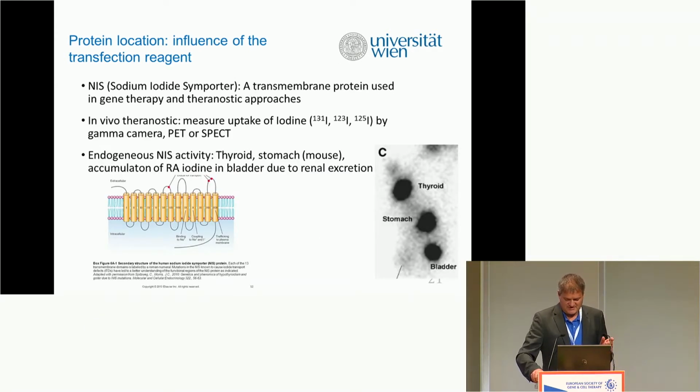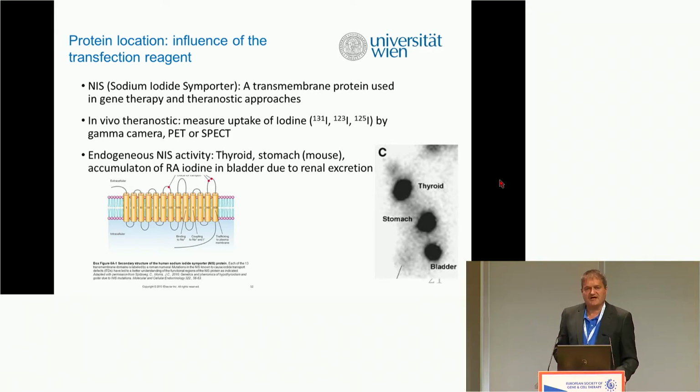And there was a quite interesting effect we observed when we used, so this was the group of Christine Spitzweg and my research group, the sodium iodide symporter as a transgene, as a therapeutic gene, also as a theranostic gene, because this is a transmembrane protein with several transmembrane domains, and it transports iodine into the cell.